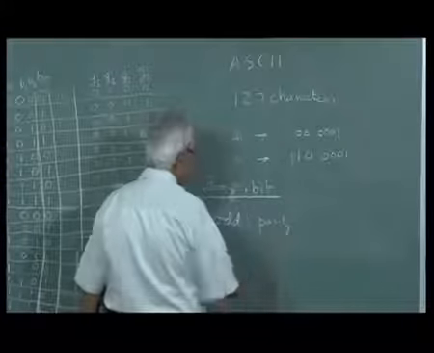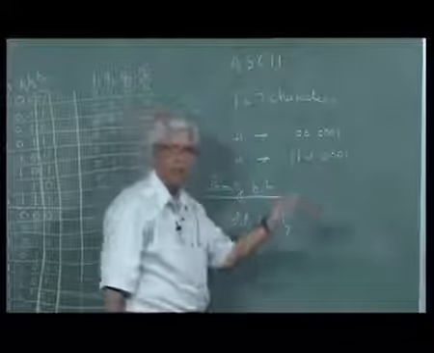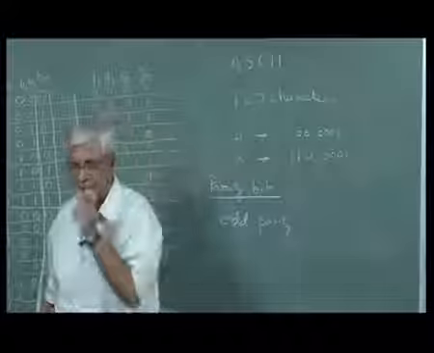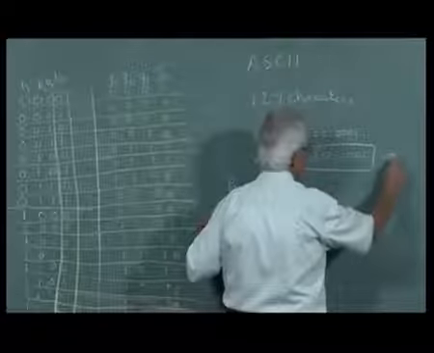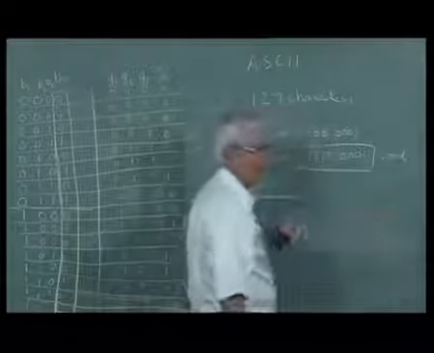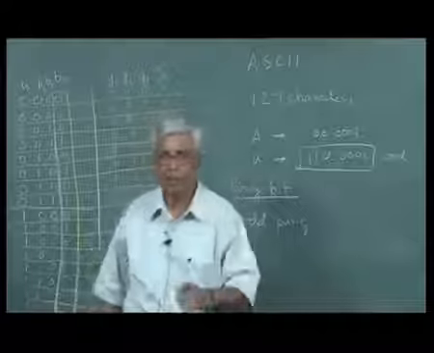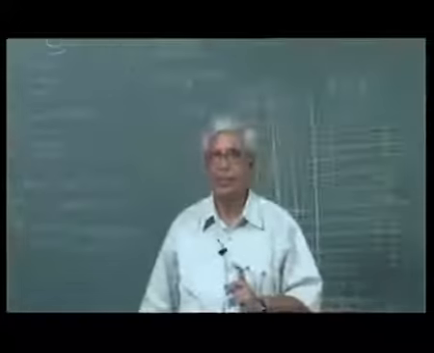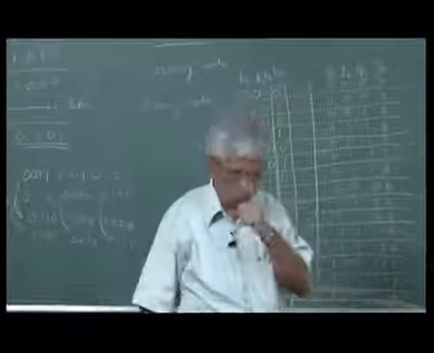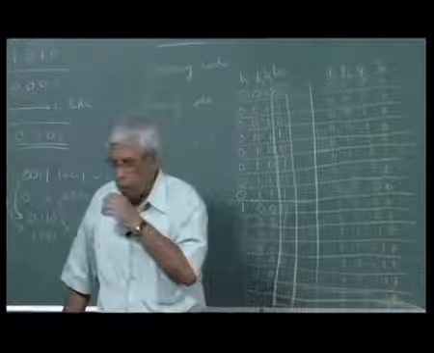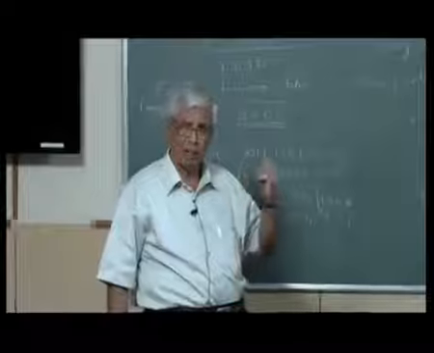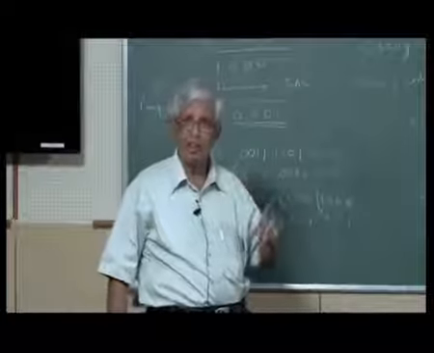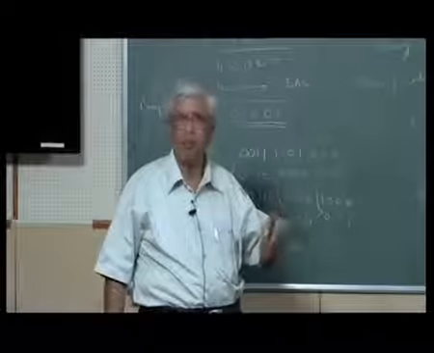In odd parity, the number of bits together is called a word. They will count the number of ones in the word. If it is odd, they will put a 1 as a parity bit. If it is even, they will put a 0.